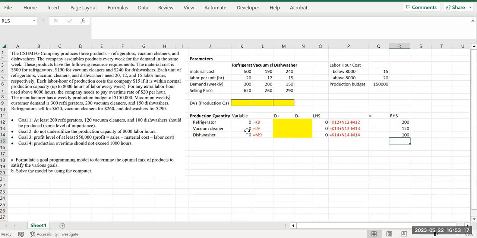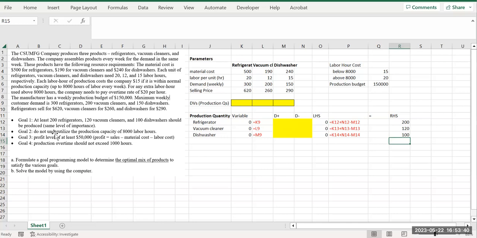The variable of interest is the amount of production quantities. Those are the variables that we are defining the target for, the goal on them. And then the positive and negative deviational variables, LHS and RHS. Now, our next step is to figure out what would be the bad deviation here.